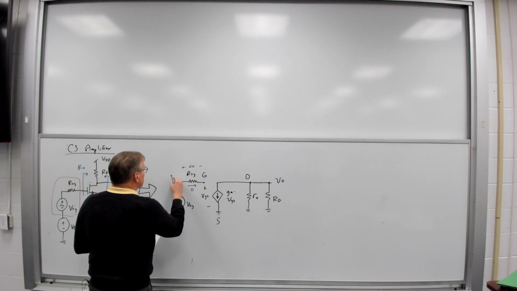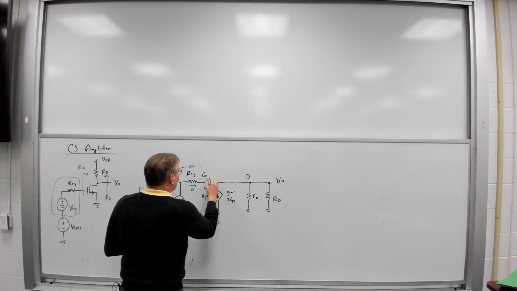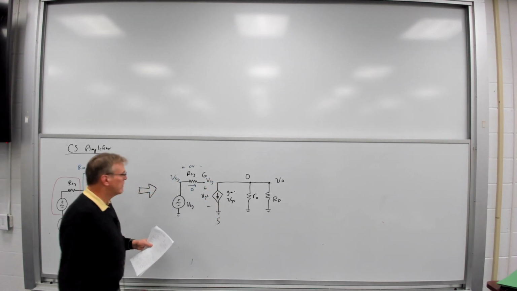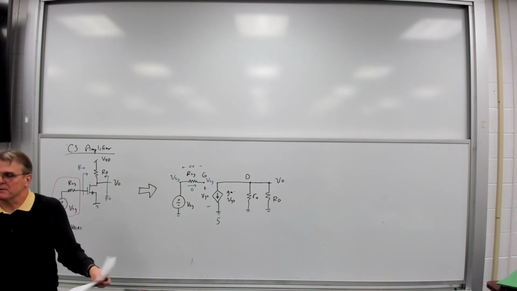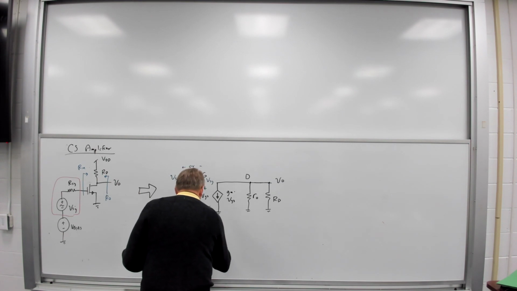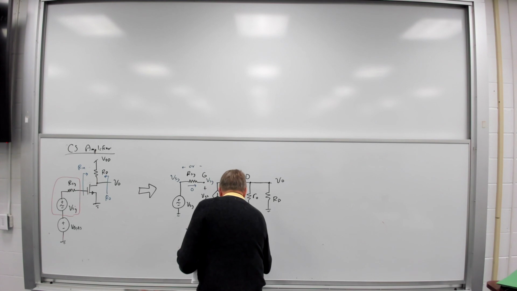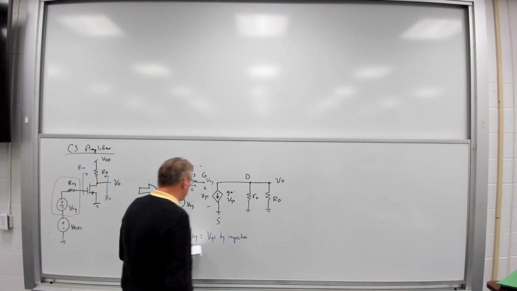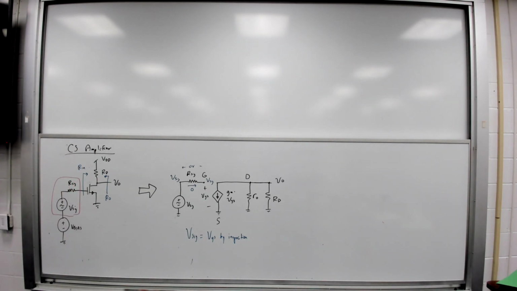And so this is v_sig, and therefore over here is also v_sig. So what do I know about v_gs and v_sig? They're the same voltage. So by inspection, the signal voltage and v_gs must be the same.